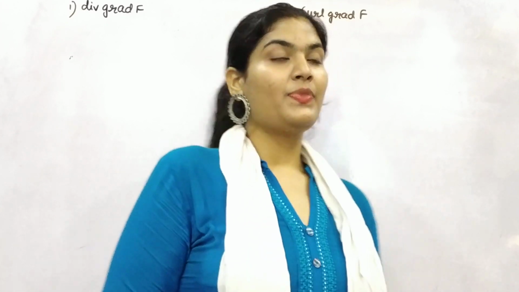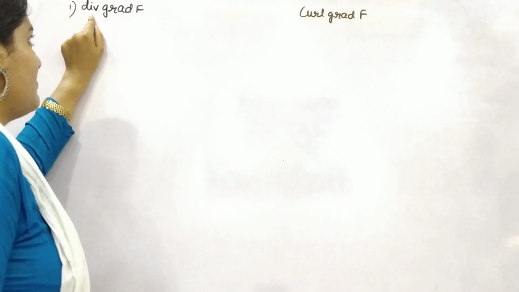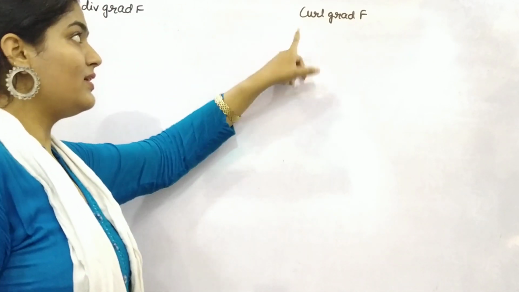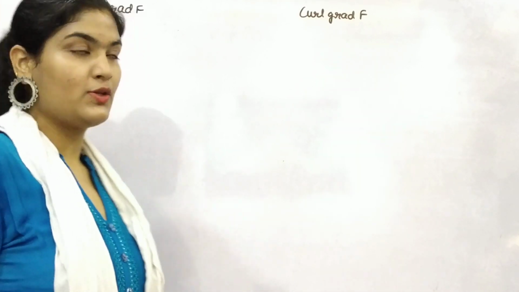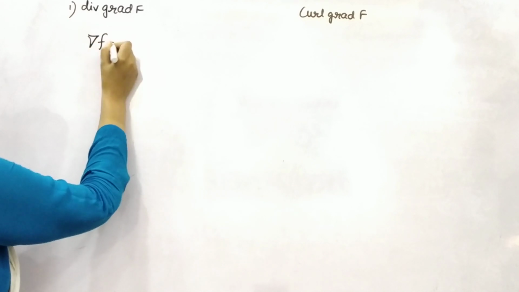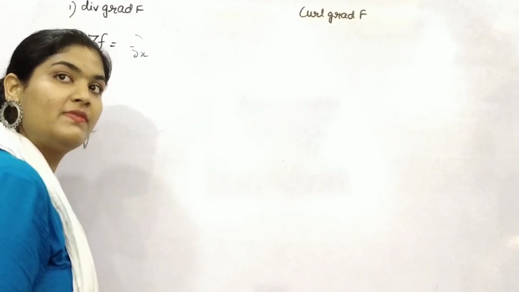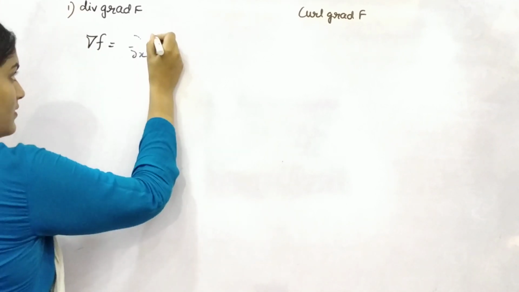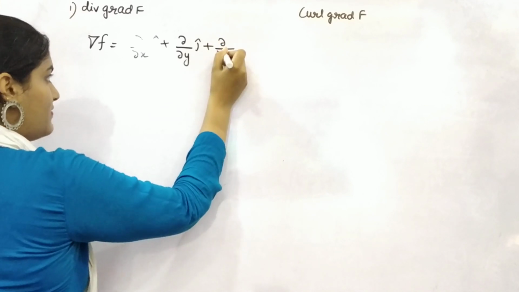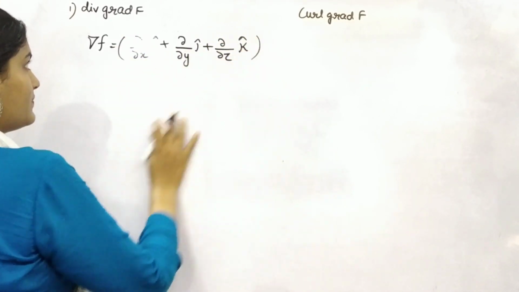So let's begin. Here you are given two derivations: find out the divergence of the gradient of a function, and find out the curl of the gradient of a function. First of all, we know the gradient of the function will be the partial differentiation with respect to x, partial differentiation with respect to y and partial differentiation with respect to z.